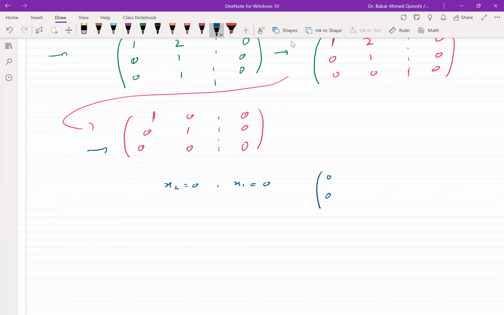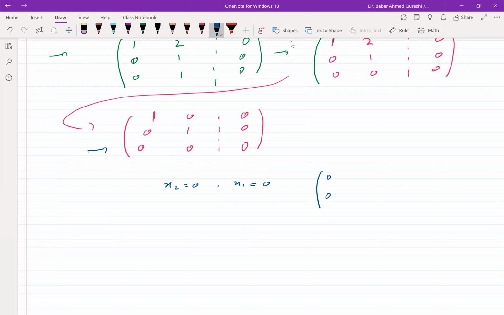Now I can check. Well, first of all, from the theorem, I know that the null space of A has to be this one, generated by this, spanned by this vector.